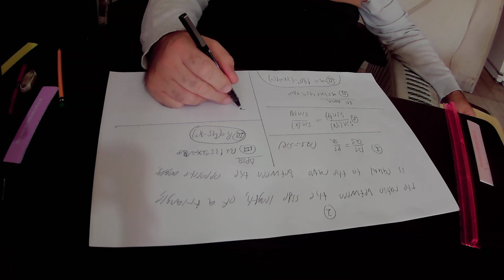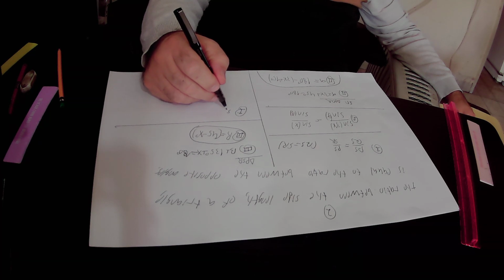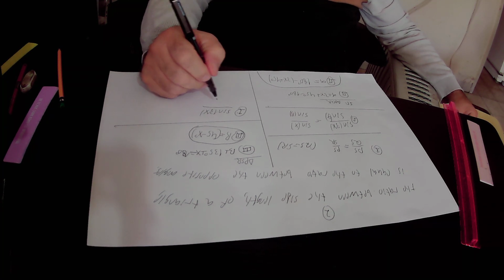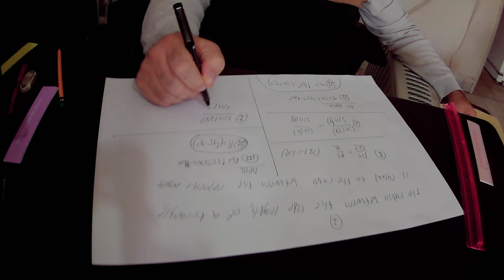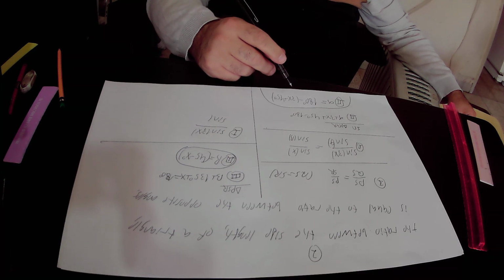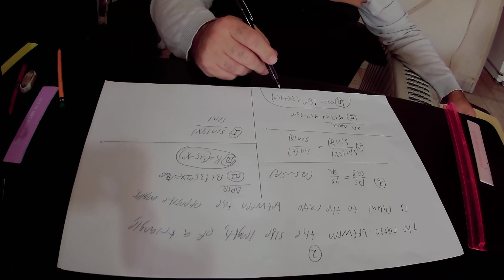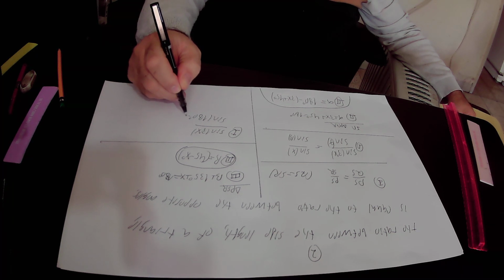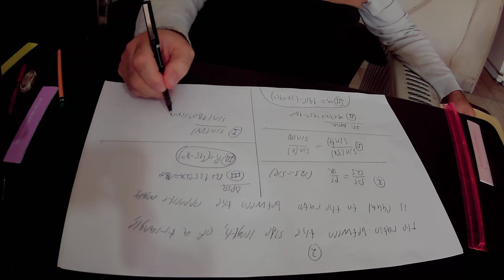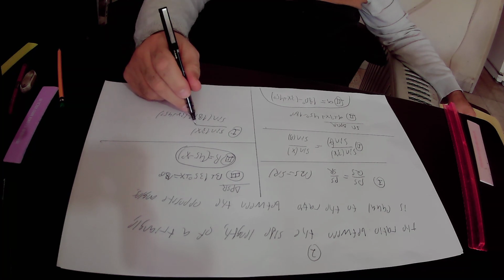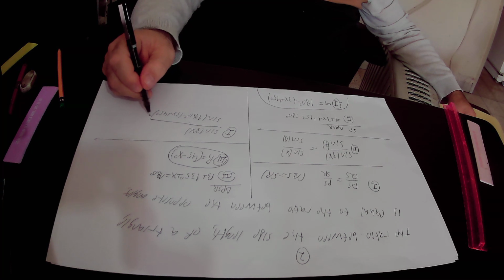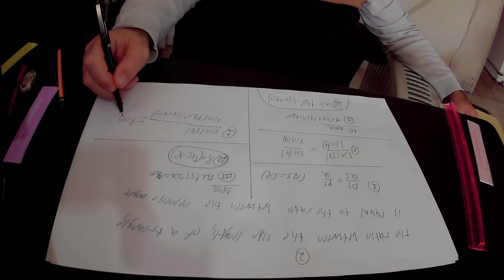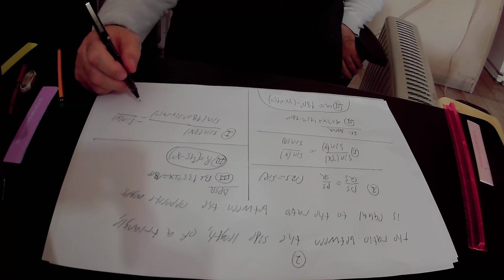according to equation number 1, sine 3x over sine alpha, and we have already found out that alpha equals 180 degrees minus 3x plus 45 degrees, so we substitute alpha by 180 degrees minus 3x plus 45 degrees, and it equals, according to equation number 1, sine x over sine beta.